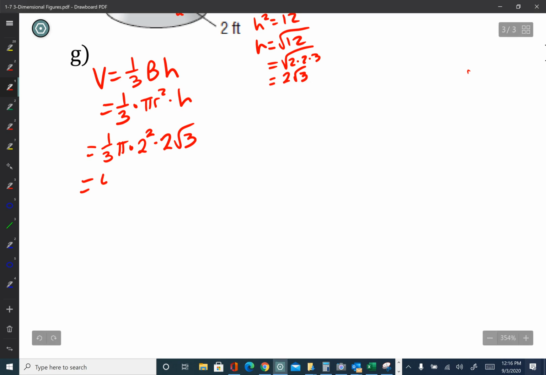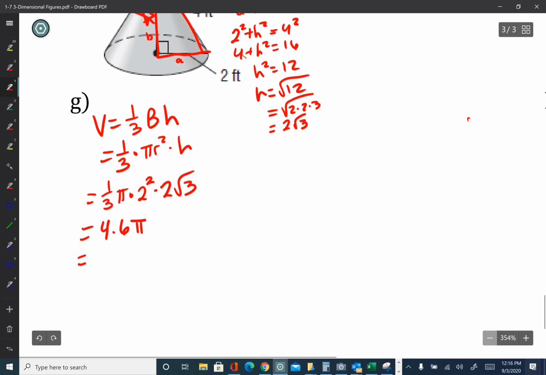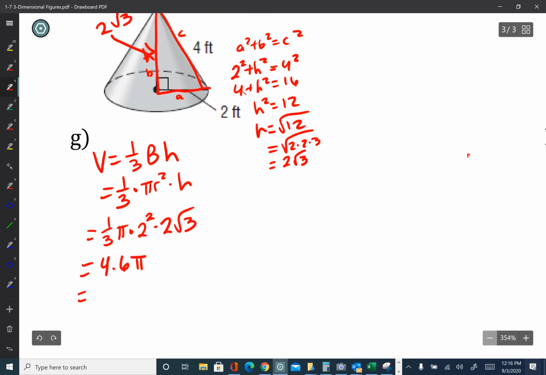Let's just call it 4.65. And if they wanted to, you could multiply by 3.14 to get that, yeah? Let's see, 4 times 2 times 2 is 8. Yeah, that's going to be about right. All right, the math is pretty easy. Just remember that for cones, you can still use 1/3 big BH.